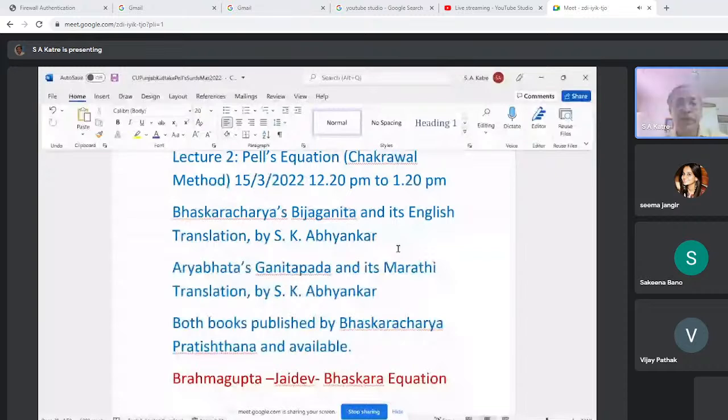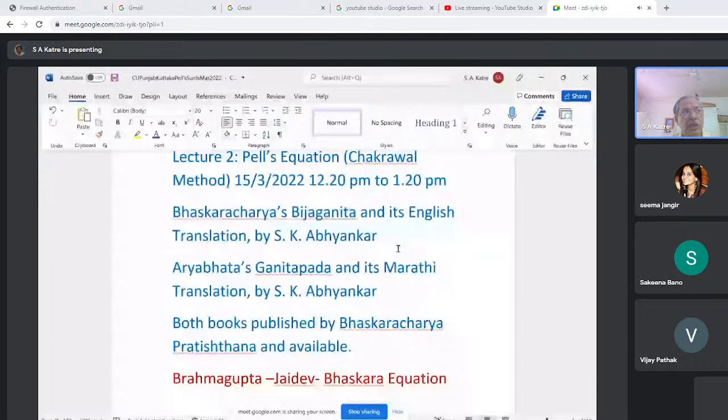However, as I see, there are many books in Hindi and English also on these, because they are very classic books. Ganitpada as well as Bijganit are very classic books, and various Hindi and English translations are available, and you can also find these on the internet, and many of them are downloadable. So it is good to search the internet and see the translations of these. Although the original books are in Sanskrit, the translations are there and explanations are also there.